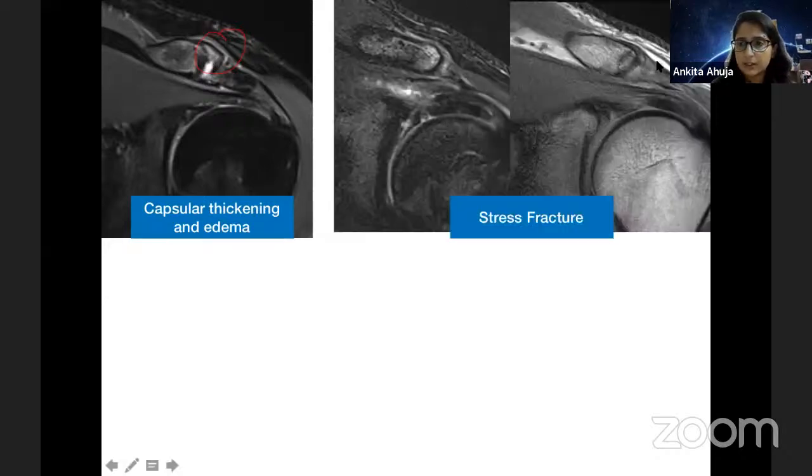This may further be followed by the next stage, in which you can see over here there is marrow edema in the distal clavicle. And if you see carefully, you see this subtle fracture line over here. So this is a distal clavicular stress fracture. It's more common in the distal clavicle only.